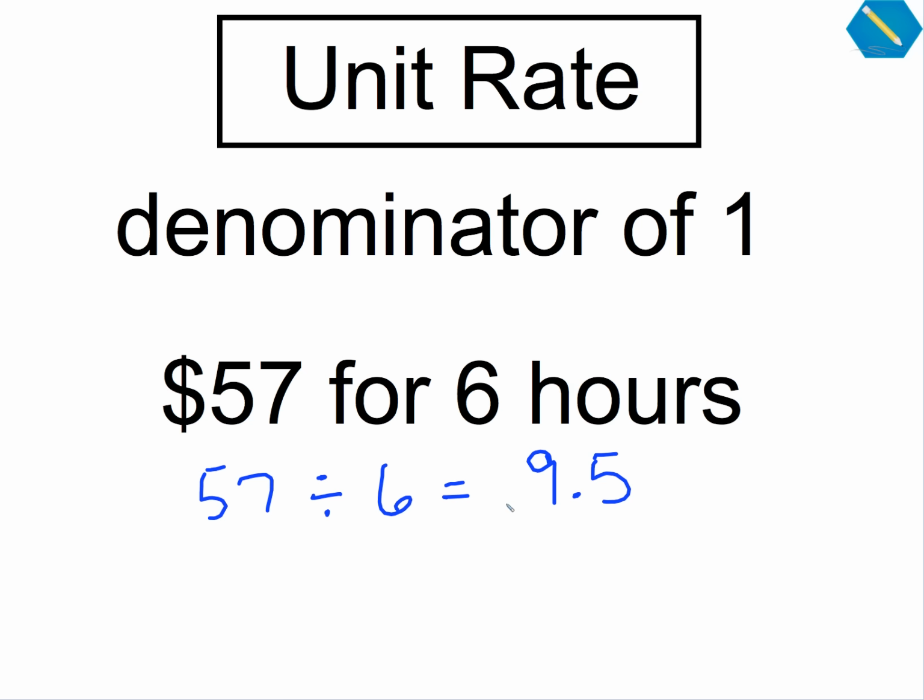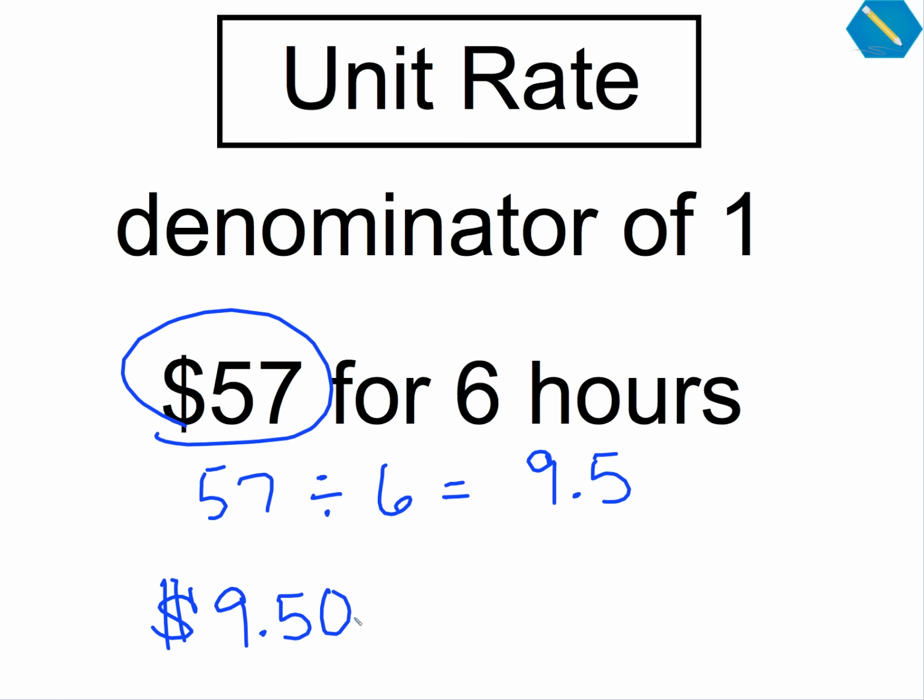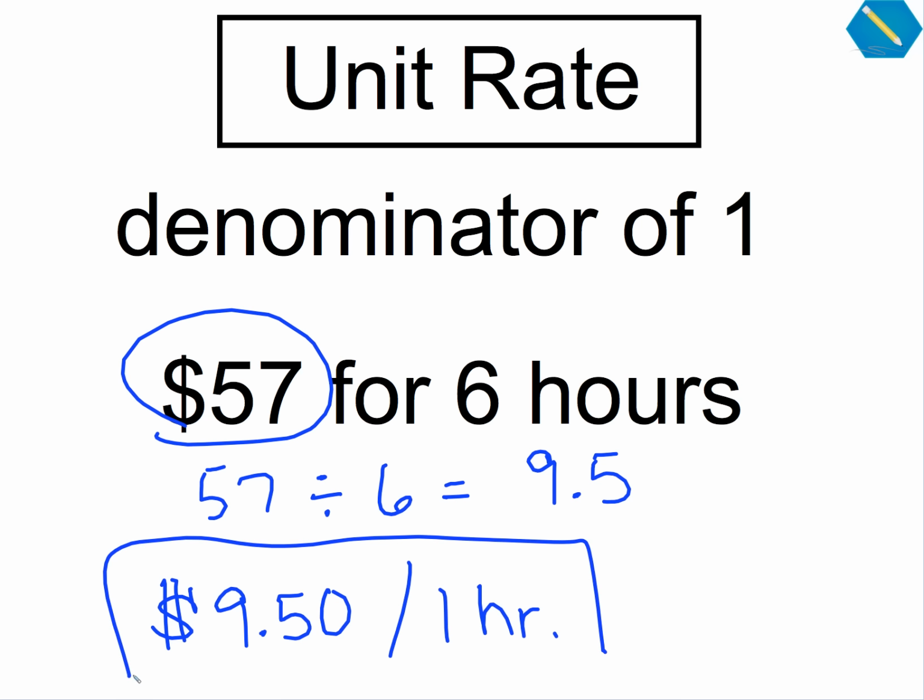Number one, we were referring to dollars, so I need to put the dollar sign, and number two, I'm not just writing 9.5 because that's not how we write money. So it'd be $9.50. You have to add that zero on. $9.50 per 1 hour of work. It's a unit rate because the denominator is 1 and it tells me how much I made per hour.